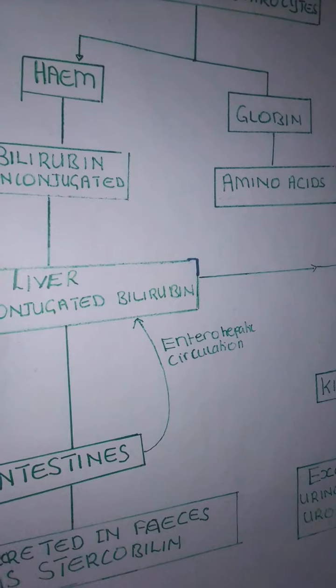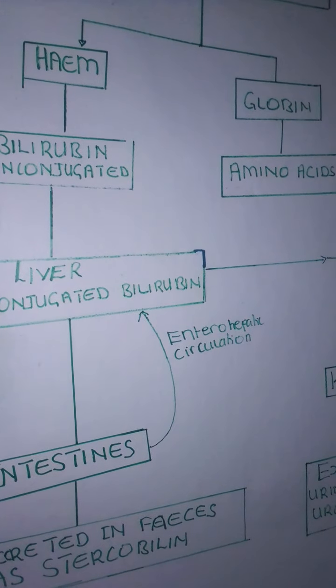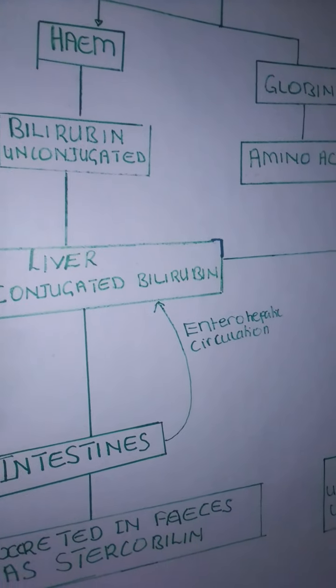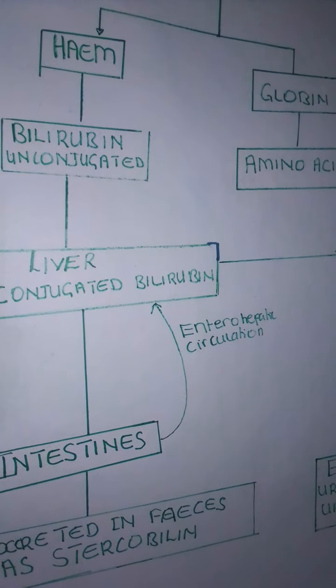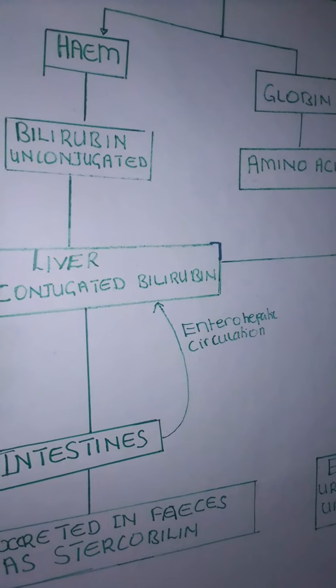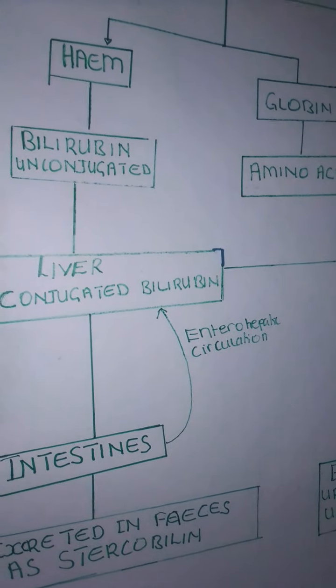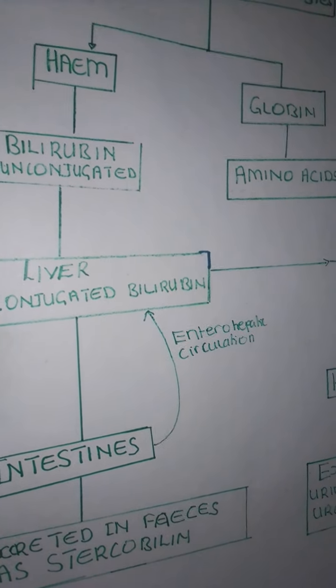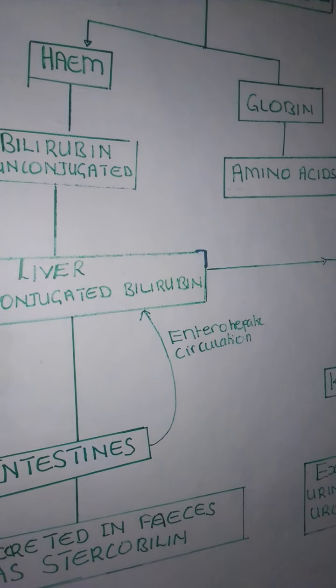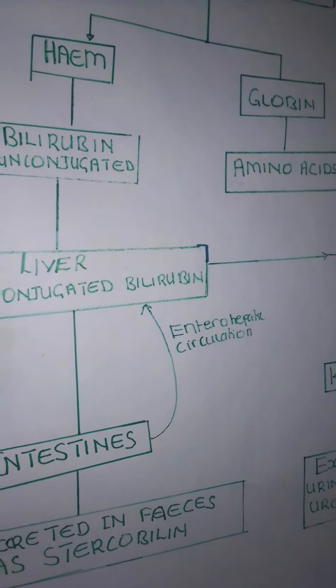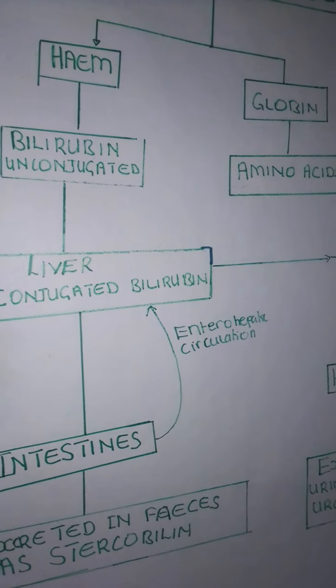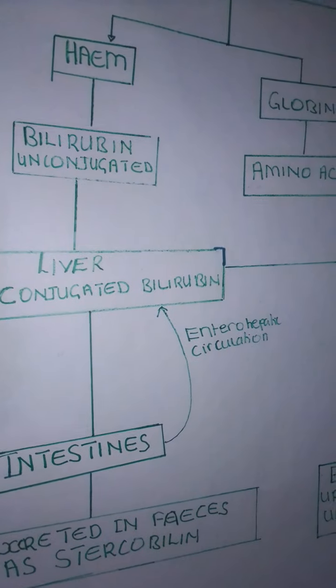The heme portion undergoes oxidation with the help of oxygenase and becomes biliverdin, a green pigment. From biliverdin, reduction takes place, and a yellow pigment develops, called bilirubin.